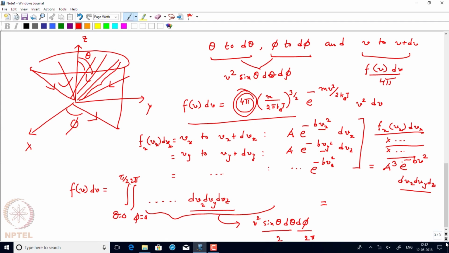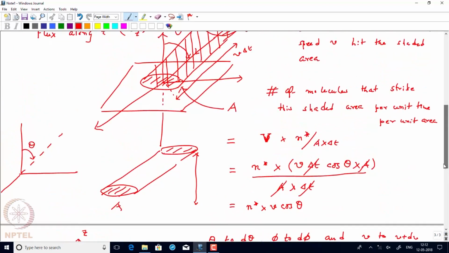So long story short, what we are going to do here: we have already seen an expression for the flux along z, and we are going to take this flux and multiply it by the spherical polar volume element.